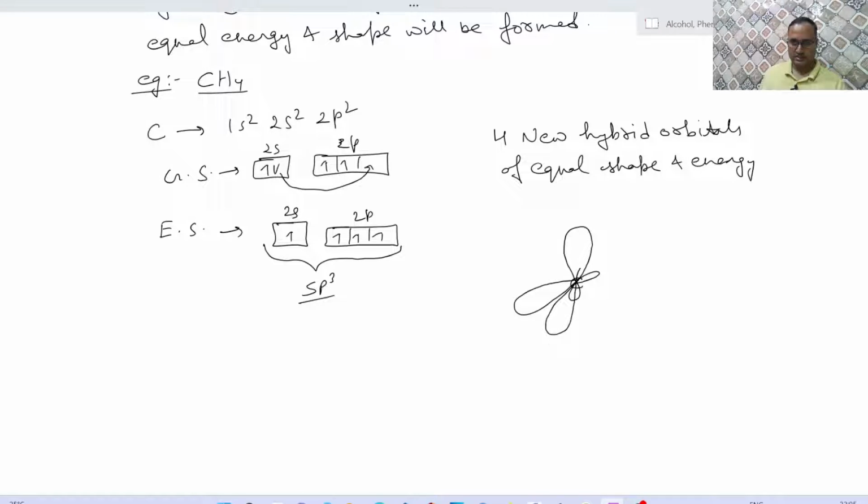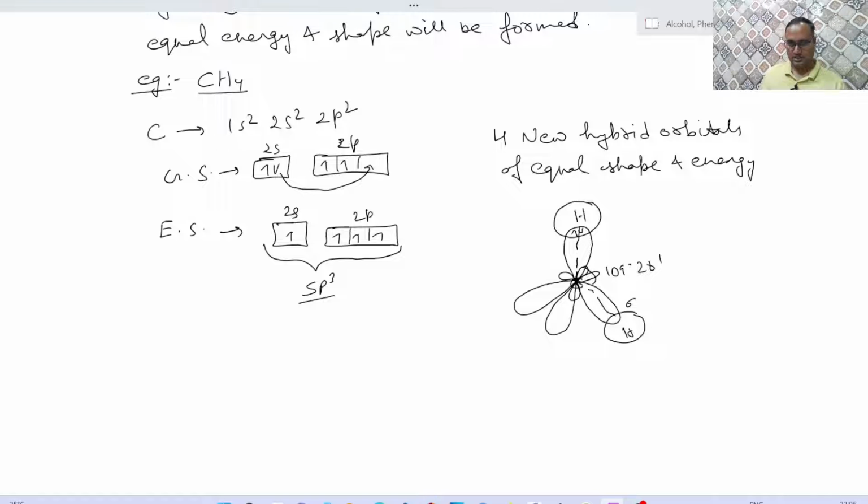In order to have this, it will acquire a tetrahedral arrangement, with a bond angle, or you can say angle between the orbitals, of 109 degrees 28 minutes, and the hydrogen atoms are going to overlap with them, leading to the formation of sigma bonds.